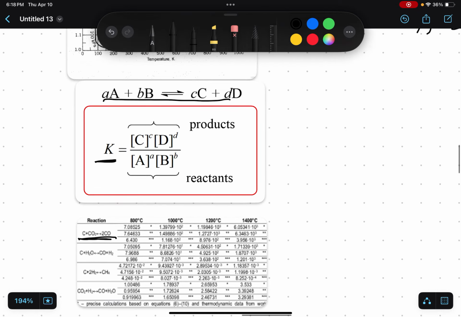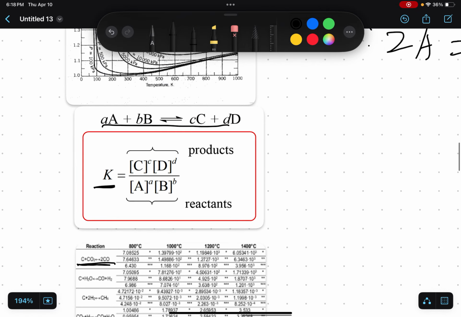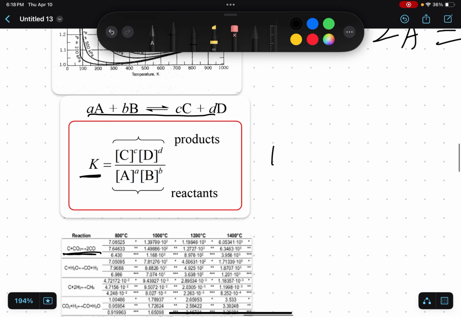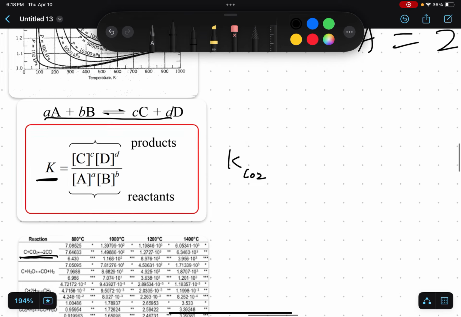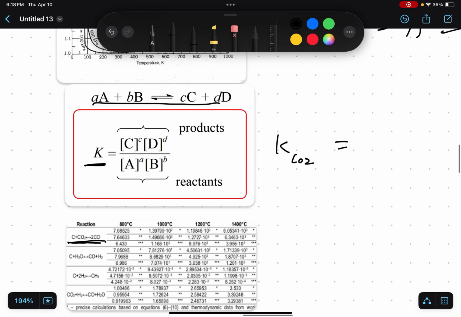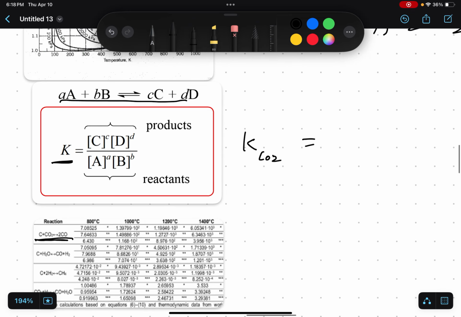So the way we write it would be K for CO2 equals, what would it be? It would be, well, okay.